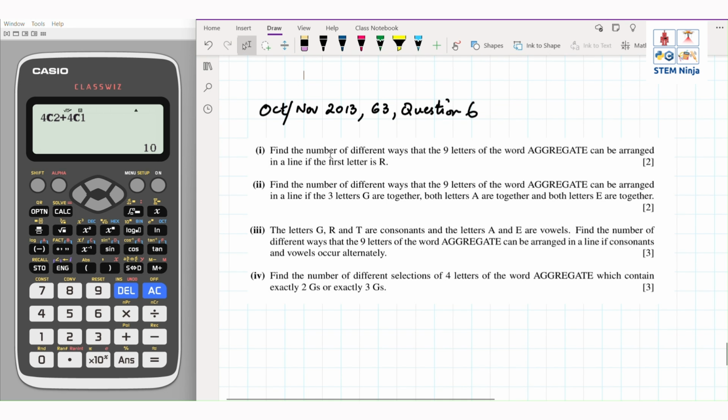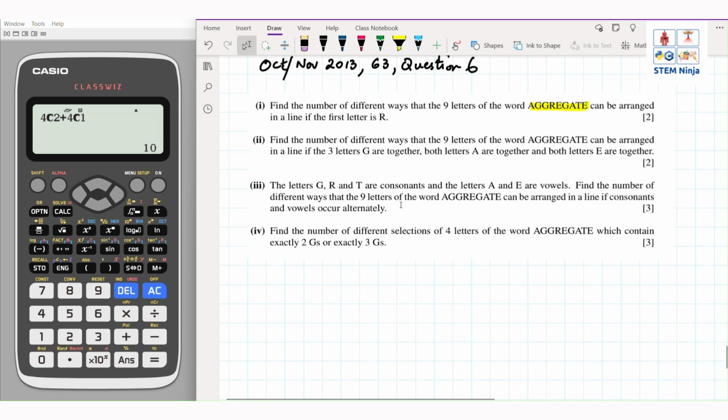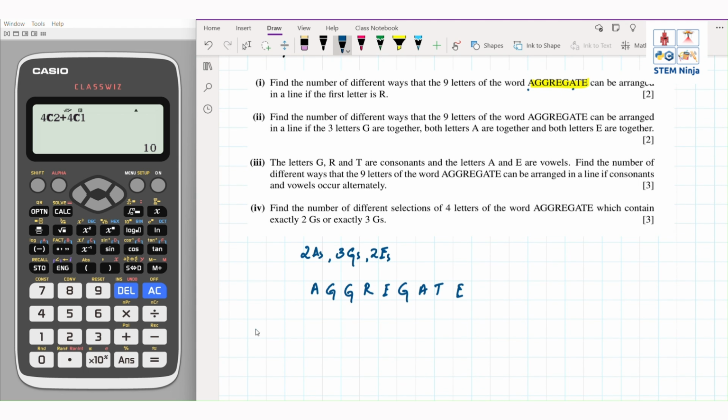Find the number of different ways that the 9 letters of the word aggregate can be arranged in a line if the first letter is R. Okay, so before we jump into this, we have 2 A's, 3 G's, and 2 E's in the word aggregate. So now what we want is R in the front.